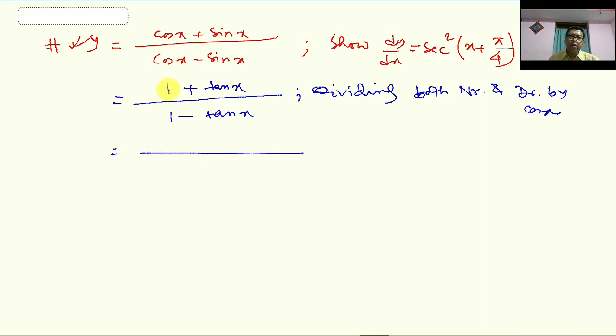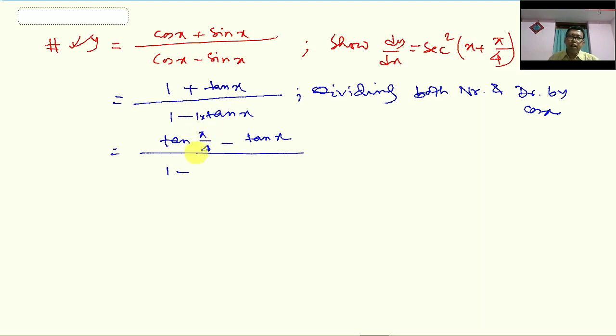This 1 can be written as tan of pi by 4, plus tan of x, whole divided by 1 minus tan of pi by 4 into tan of x, because 1 into tan of x is again tan of x.